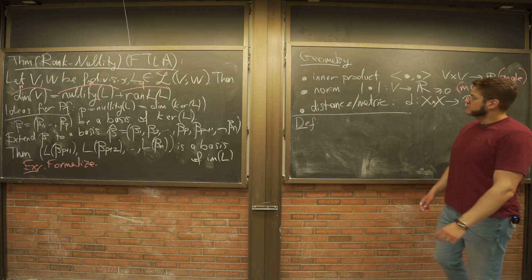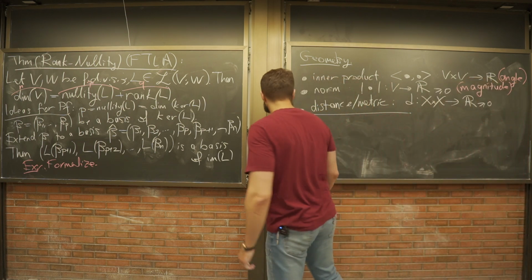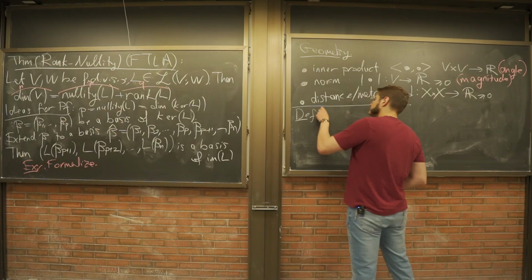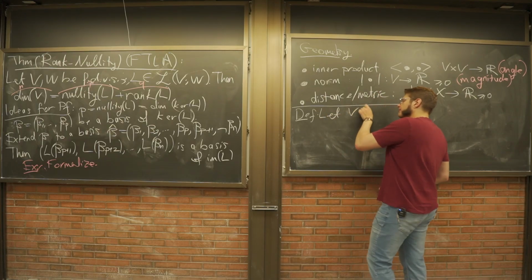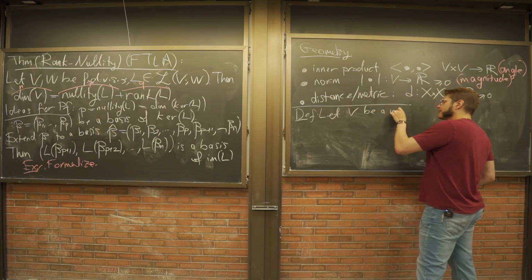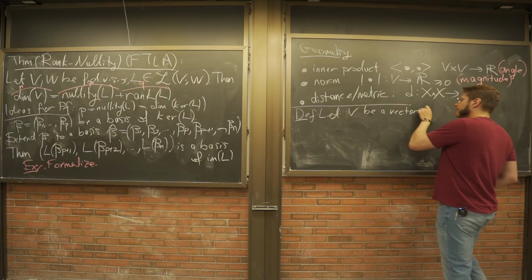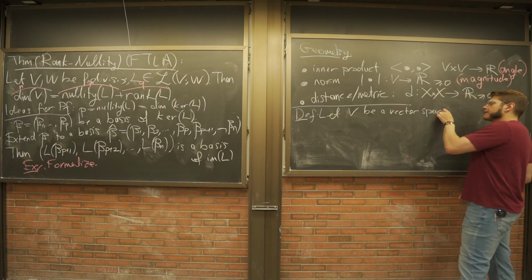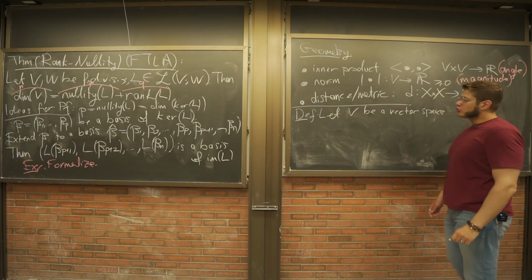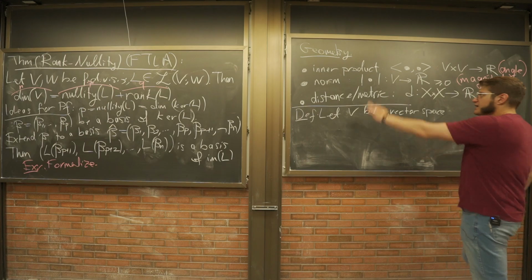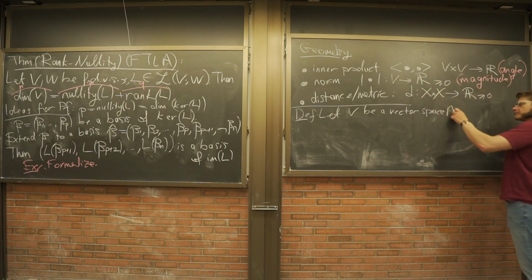Let V be a vector space. A norm on V is a function like this.